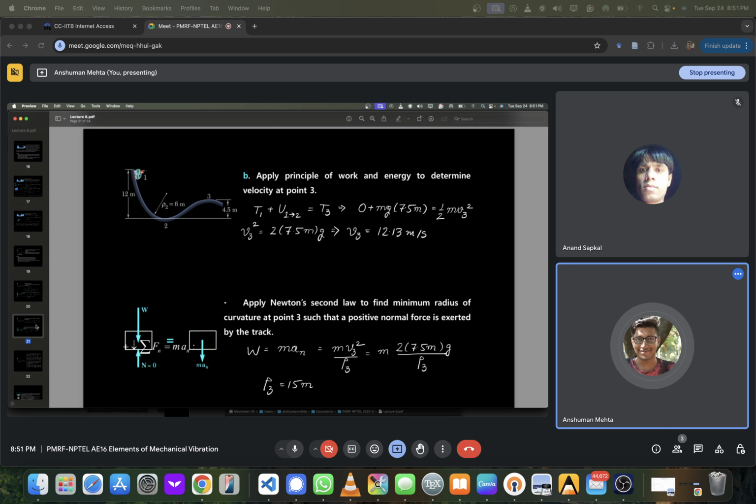Applying Newton's second law now, we have used both formulas there.